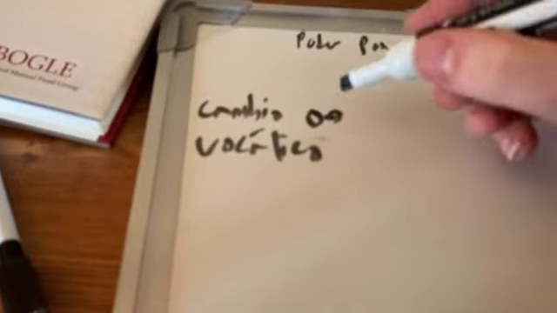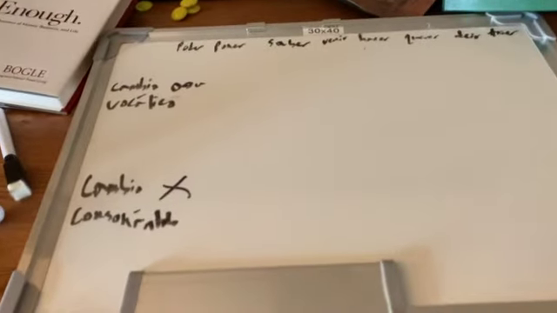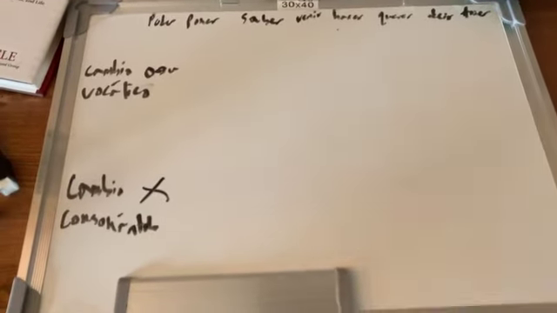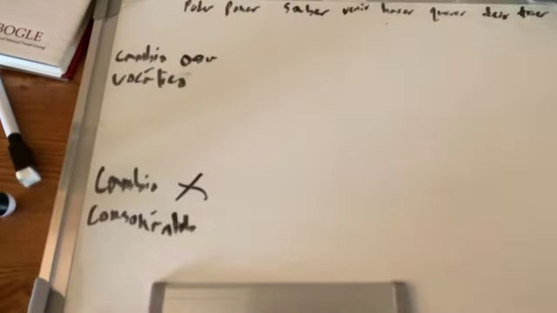That's a terrible U. O por U. So that's the idea. So we're going to see that some of them are going to have vowel changes. Some of them are going to have consonant changes. And some of them are going to have both.